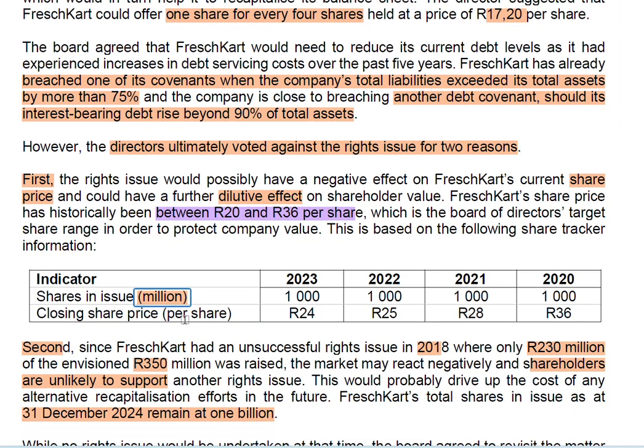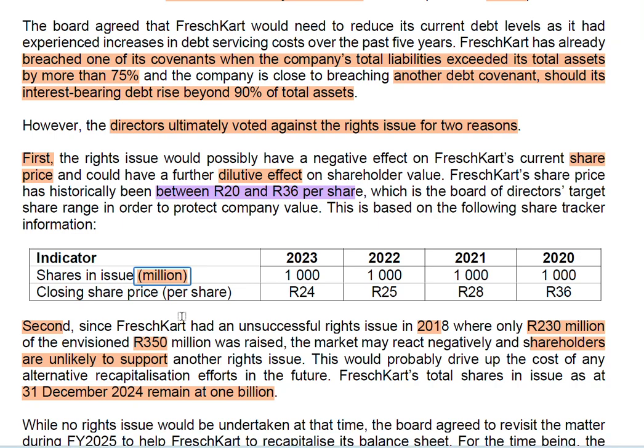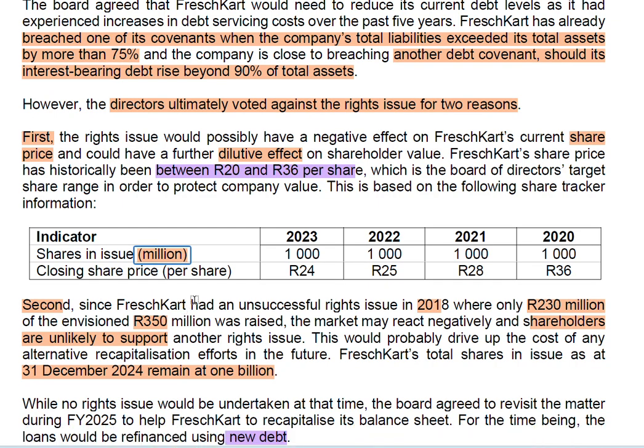And they gave 2 reasons why they don't want to go ahead with the rights issue. Number one, they have concern that the share price will go down even further. And if they go with the rights issue, it will dilute the shareholders' value. It will have a dilutive effect on the shareholders' value.